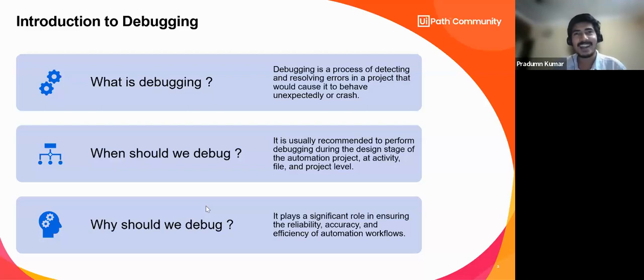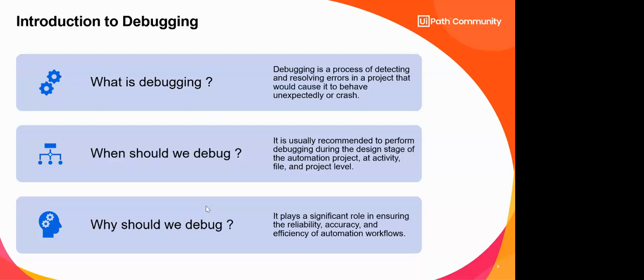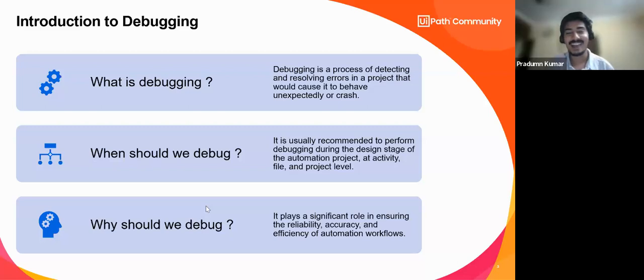There are people who try to debug after it has gone live, but you should not do that. Debugging in the project design time, while you are actually developing the project, is the best practice. Debugging during the design stage at activity, file level, and project level is important.